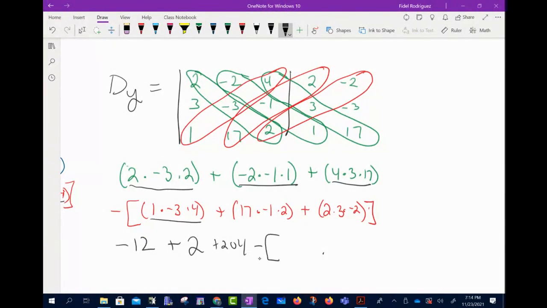Minus, let's see, 1 times -3 times 4 is a -12. 17 times -1 times 2 is a -34. And 2 times 3 times -2 is also a -12.